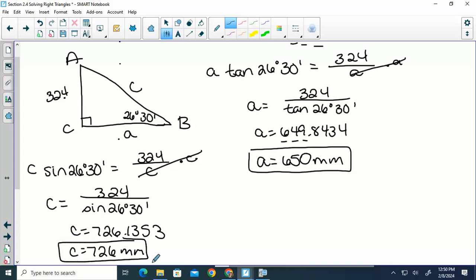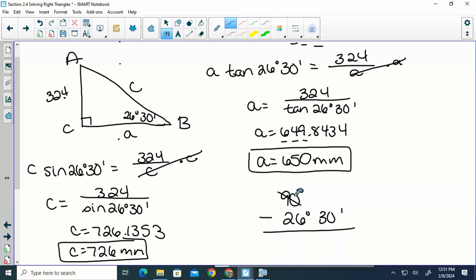I'm also missing an angle. I've told you, you can assume that C is 90 degrees, but we need to find A. If your triangle adds up to 180, and one of those angles is 90, what do the other two angles add up to? 90. So couldn't I just do 90 minus 26 degrees, 30 minutes?